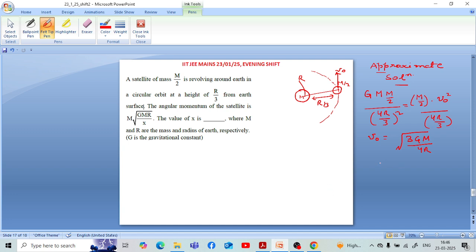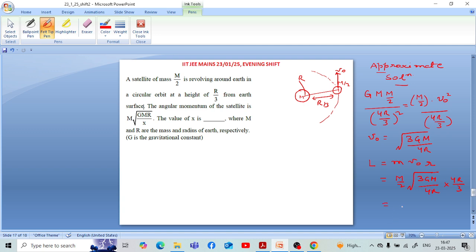Now from this value of v naught, we can calculate the angular momentum. The angular momentum is given by the formula L equals m v naught r, where we write the radius as small r. So the mass of the satellite is m by 2, the orbital velocity we have calculated as square root of 3GM upon 4R, and the radius of the circular path is 4R by 3.